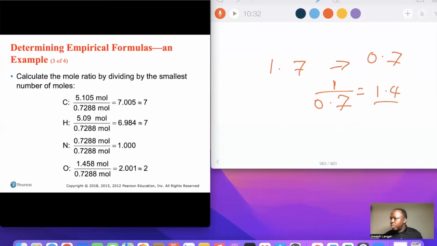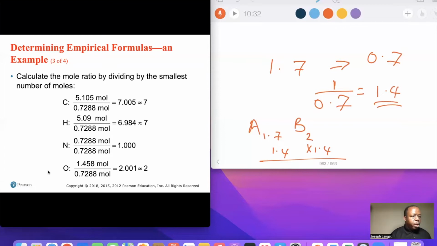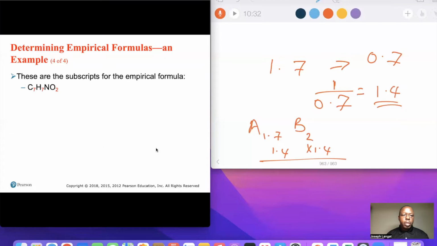So this means I'll multiply across by 1.4. So if it was A 1.7 and B 2, for example, I'll multiply here by 1.4 and here by 1.4. And then at this point, you can round off, but for the most part, it will just be a whole number.